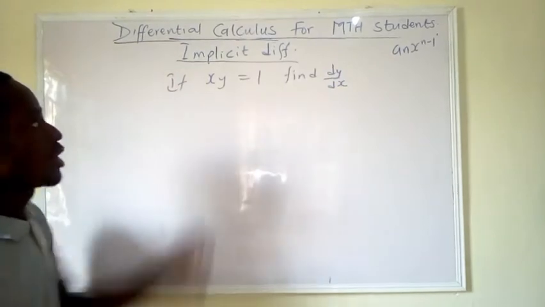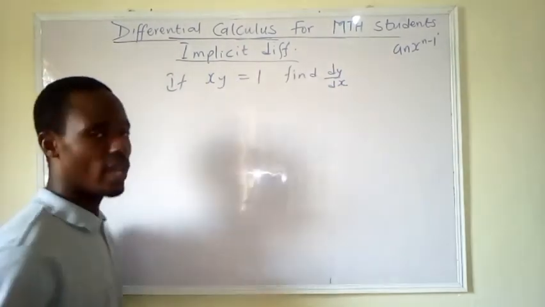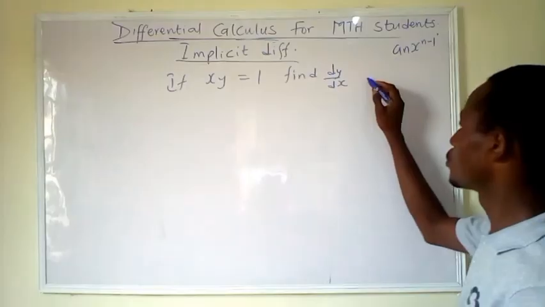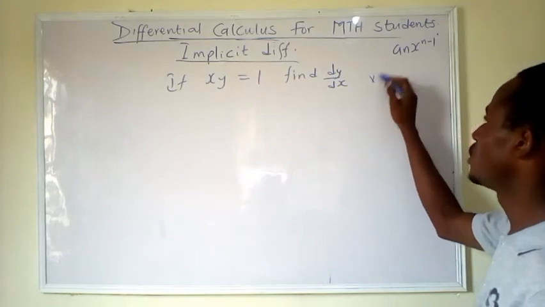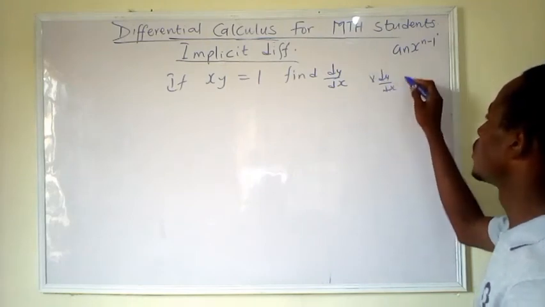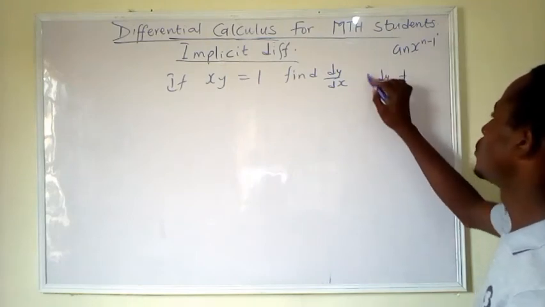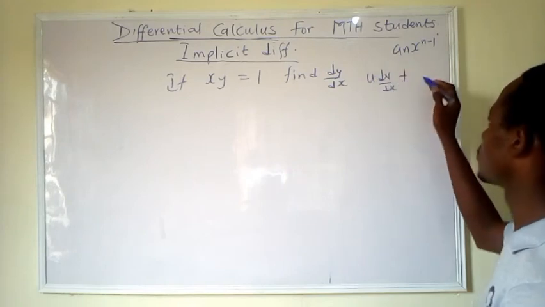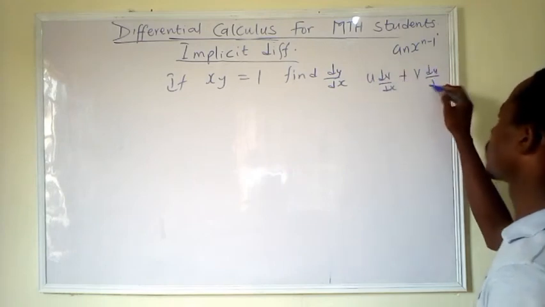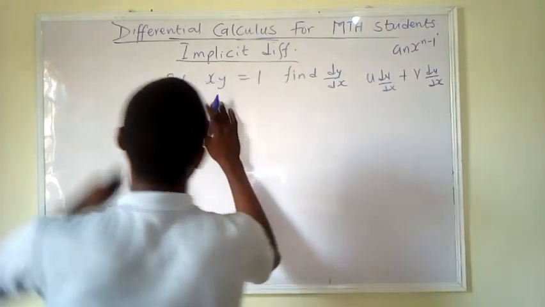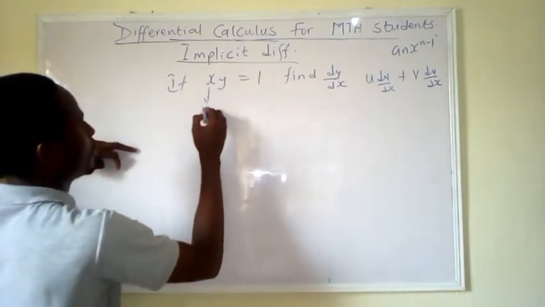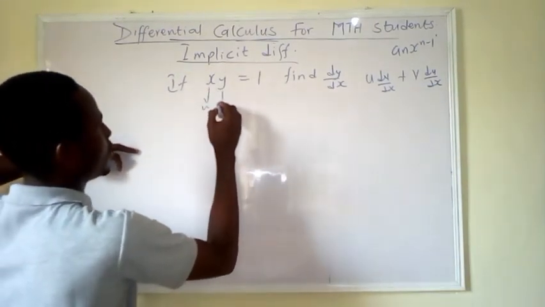Which means what I'll do is, this is a product, so I have to use the product rule. The product rule says that dy/dx is v du/dx plus u dv/dx. So I will take this as my u, and I will take this as my v.